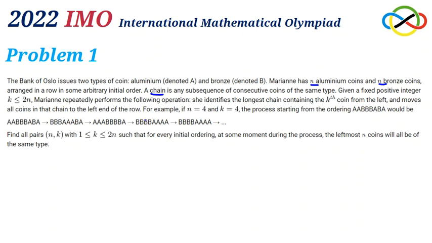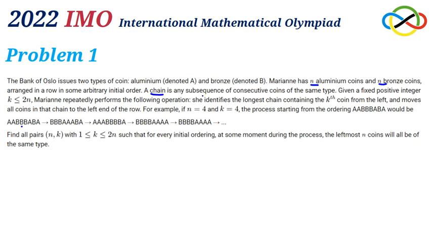Okay, so let's see. It says, for example, if n is 4 and k is 4, the process is starting from the ordering AABBBABA. Okay, let's analyze this one. k is 4, n is 4, meaning 4 A's and 4 B's, so we have 8 coins. If k is 4, we should consider the fourth coin.